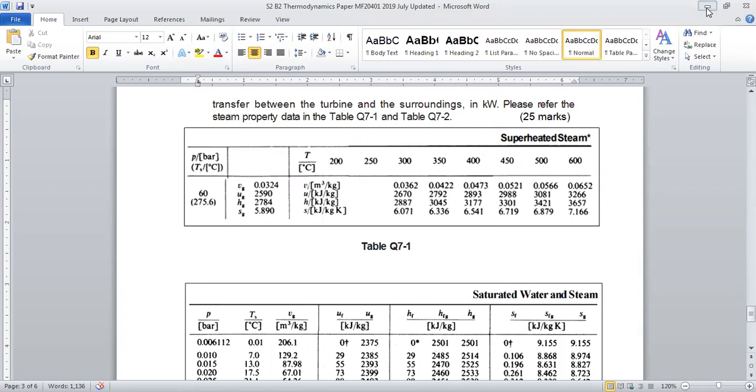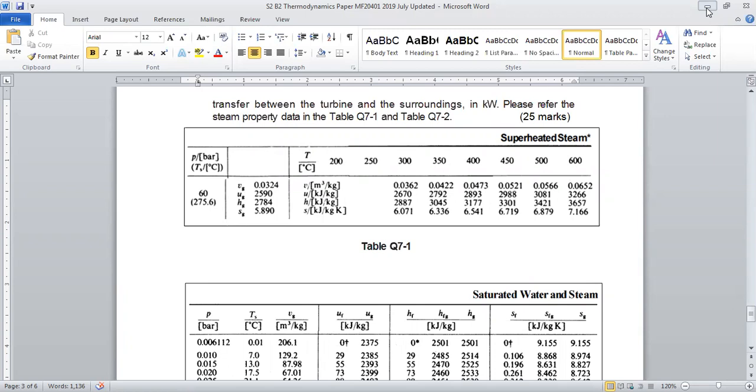Themes, not one. So I will put them one by one. If you don't talk about environment, thermodynamics and environment, so this is one of the themes.